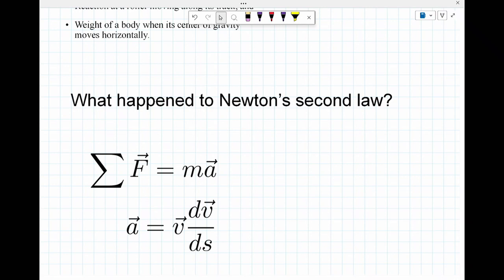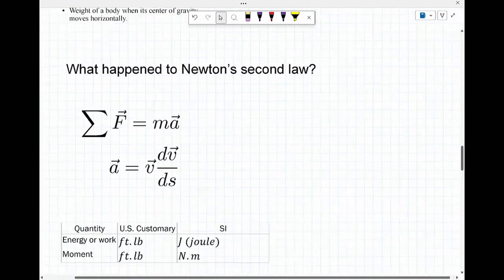So where we end up is that we look at Newton's second law again, and we make the substitution that force is equal to mass times acceleration. And we end up with acceleration equal to v dv ds in this chapter. So this is where the analysis follows through.